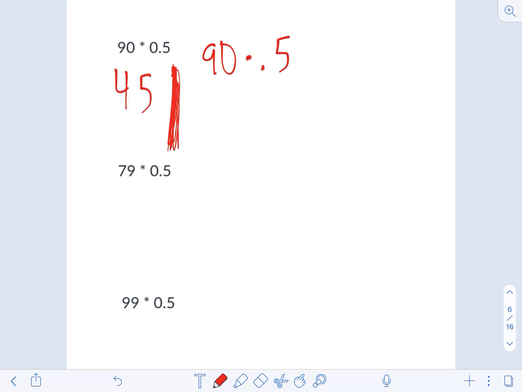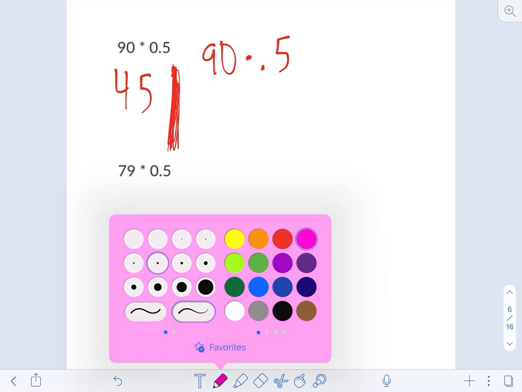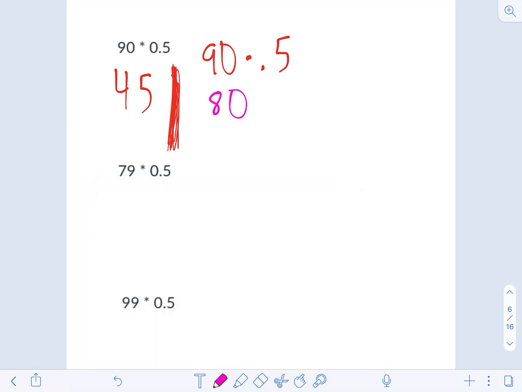So for example, you may say, well, Mr. Schneider, it's far away, but I know half of 80. Awesome. What's half of 80? Well, that's 40. You are right. And how far are we away from 90 if we just stay at 80? Well, we're 10 away. Well, find half of 10.